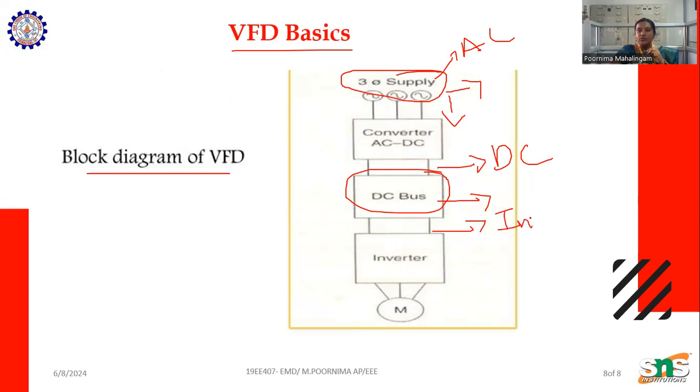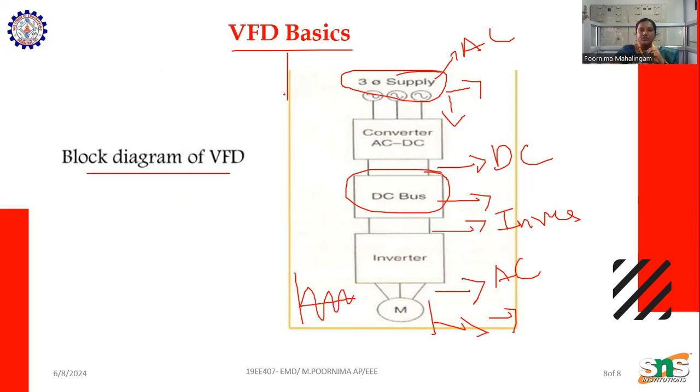The inverter converts the DC supply to AC supply, and then the AC supply is given to the load. Whatever the motor, we can control its speed, because now the frequency is varied.